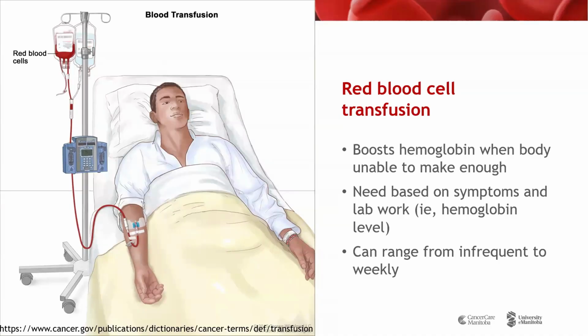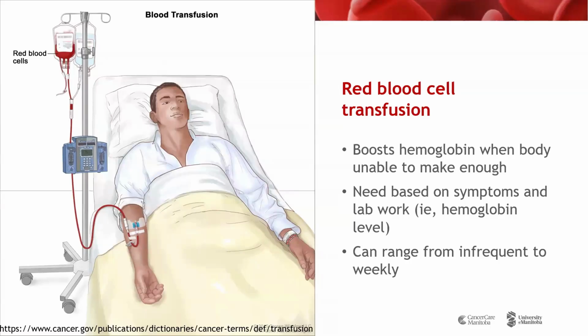If a normal hemoglobin level is somewhere in the realm of 120 to 130 or so, slowly the hemoglobin can drift down and it gets to the point where we need a top up. You can only operate with half a tank of gas for so long, and then eventually it becomes dangerous. So in hematology, in the context of MDS and impaired bone marrow function, red blood cell transfusions are really our mainstay of therapy.